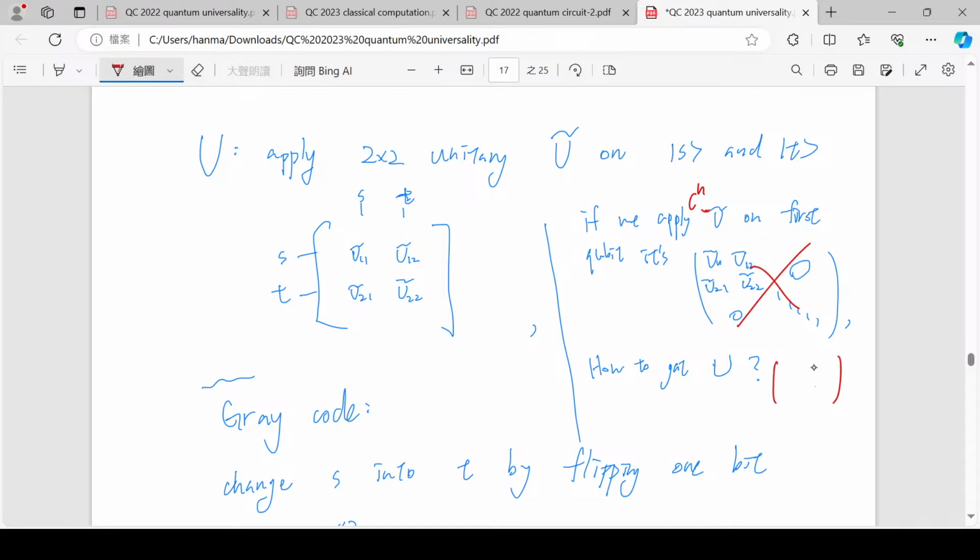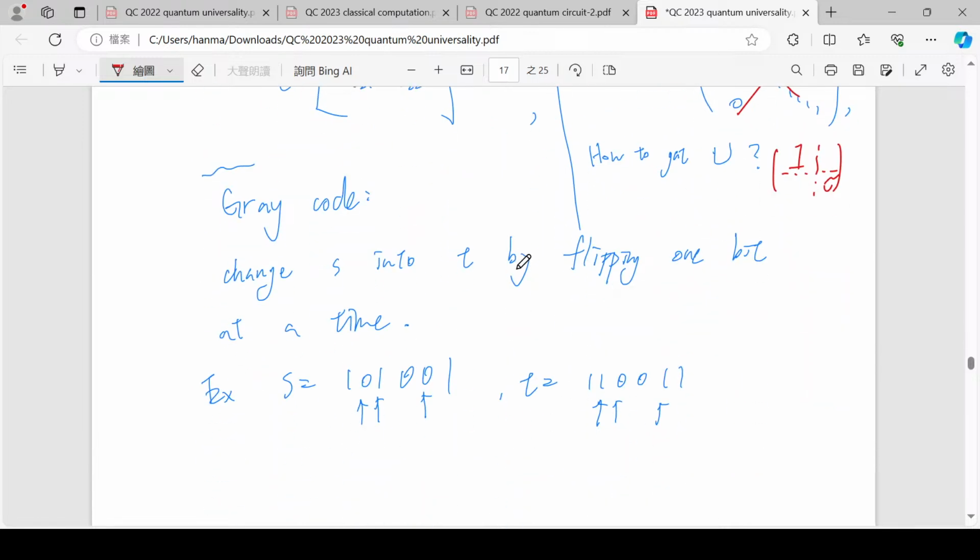So you should have identity and unitary. Okay. And anyway, it looks a little like this, but you want to swap things around to actually have your unitary on S and T. Anyway, let's go really quickly.